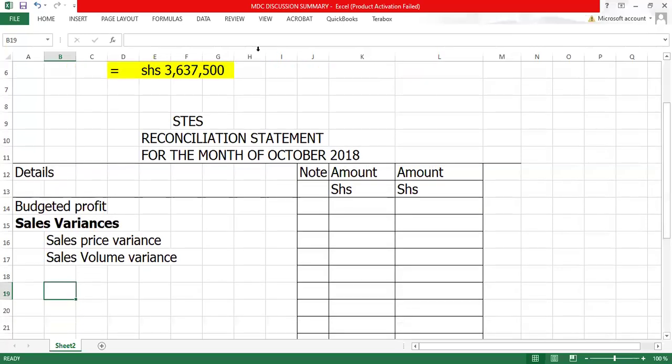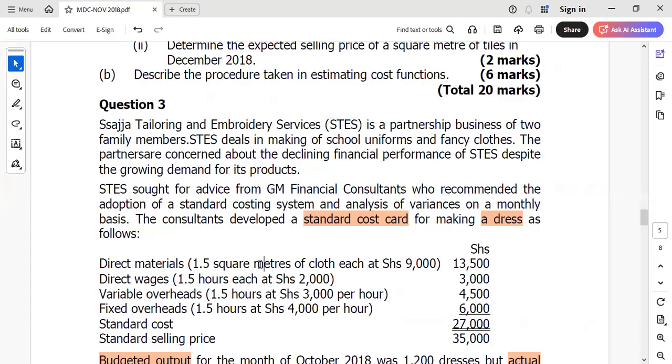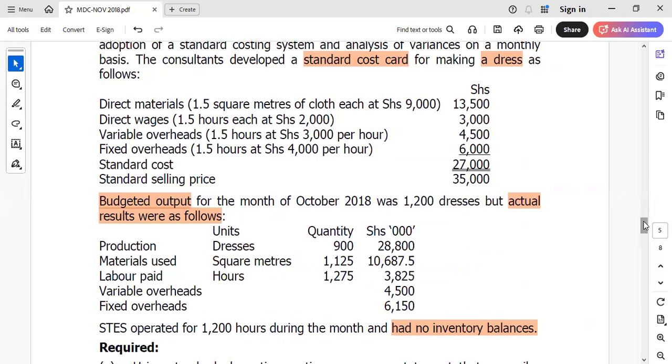Now, you may have the sales mix and the sales yield, if in the question the company is selling different items. But in this question, it's only one item. We are selling only dresses, one type of product. But you may find that you're selling more than one product.